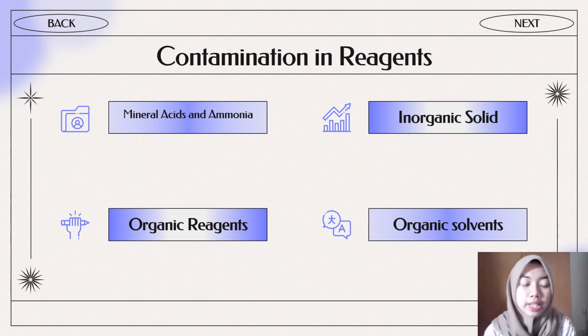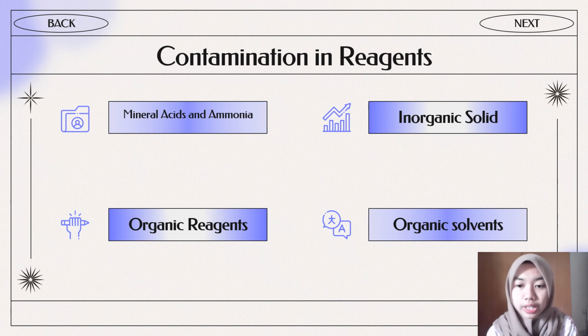The third is organic reagents, compounds or materials used to react, usually containing coordinately bonded metals. This metal is very reactive, so anything around it can bond to form a chelate.